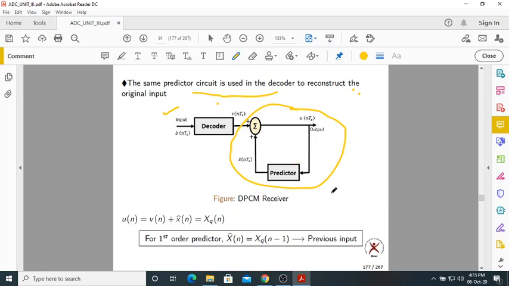You try to calculate what happens here. What output do you get at this point? What is the output of the summer? V of n plus x cap of n. What is that equal to? U of n. But what is U of n equal to? X q of n.